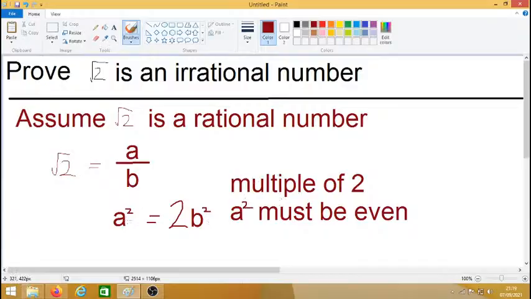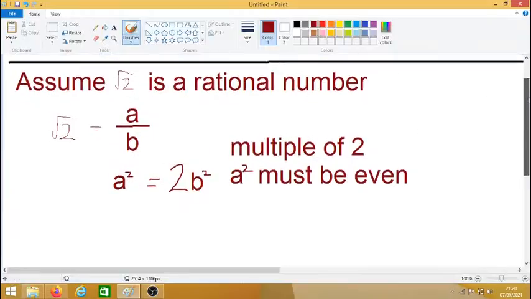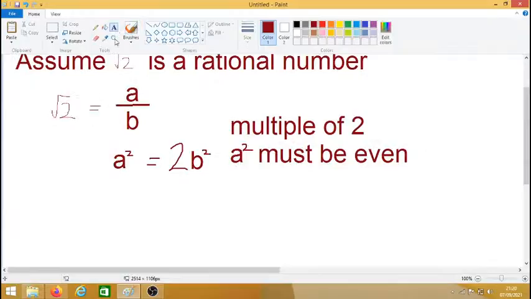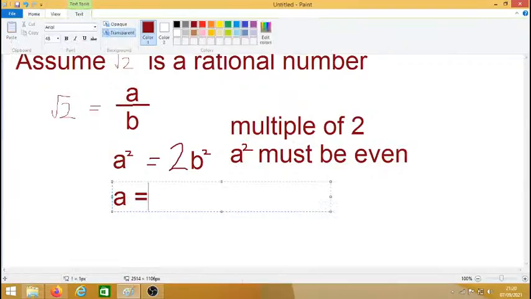So if a squared is even, then based on what we just did, we know that the number that made it has to be even as well. That's from the previous proof. So then I can say that a has to be even.